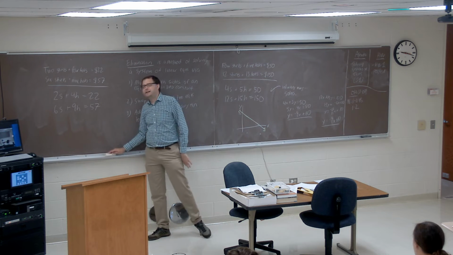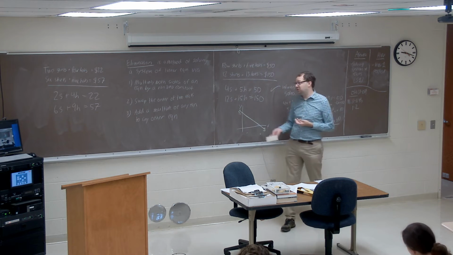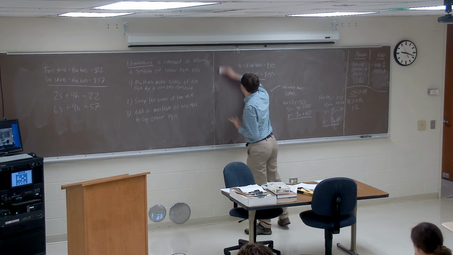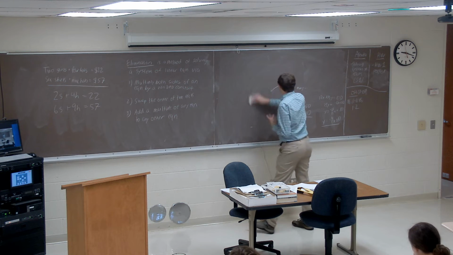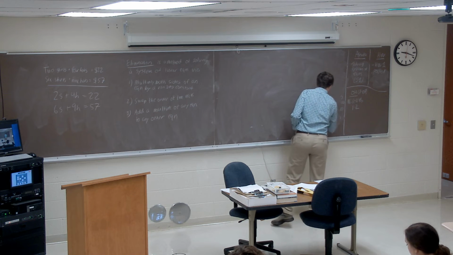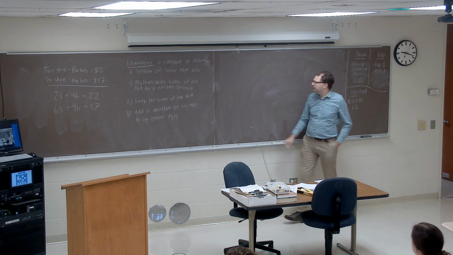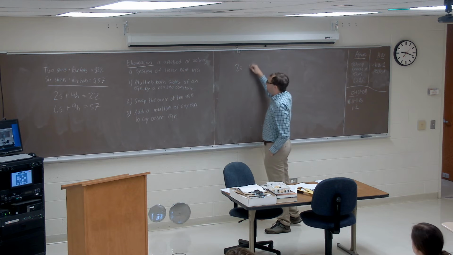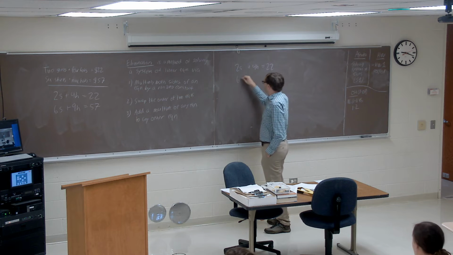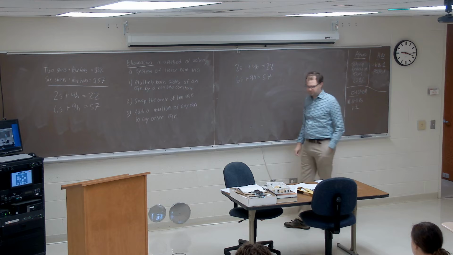So let's put that into practice. See if we can somehow solve this system of equations just doing some combination of these three steps. So I want to start with 2s plus 4h equals 22, 6s plus 9h equals 57.